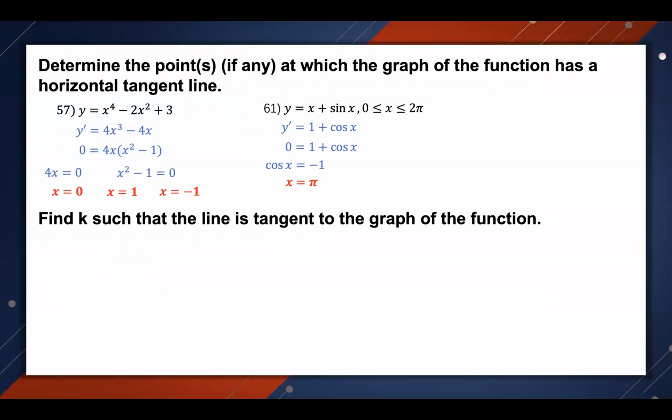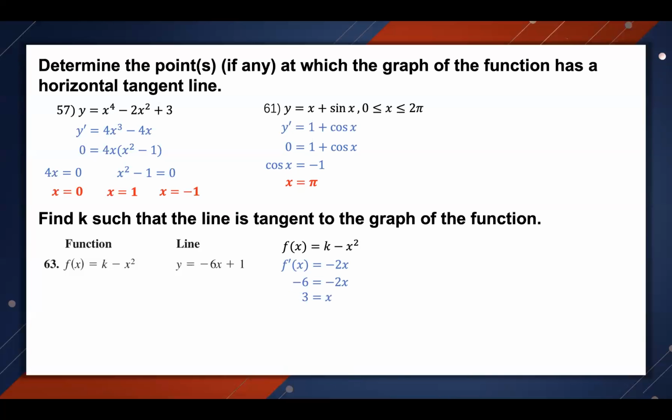Another one is to find k such that the line is tangent to the graph of the function. The function is f of x equals k minus x squared, and the line is y equals negative 6x plus 1.